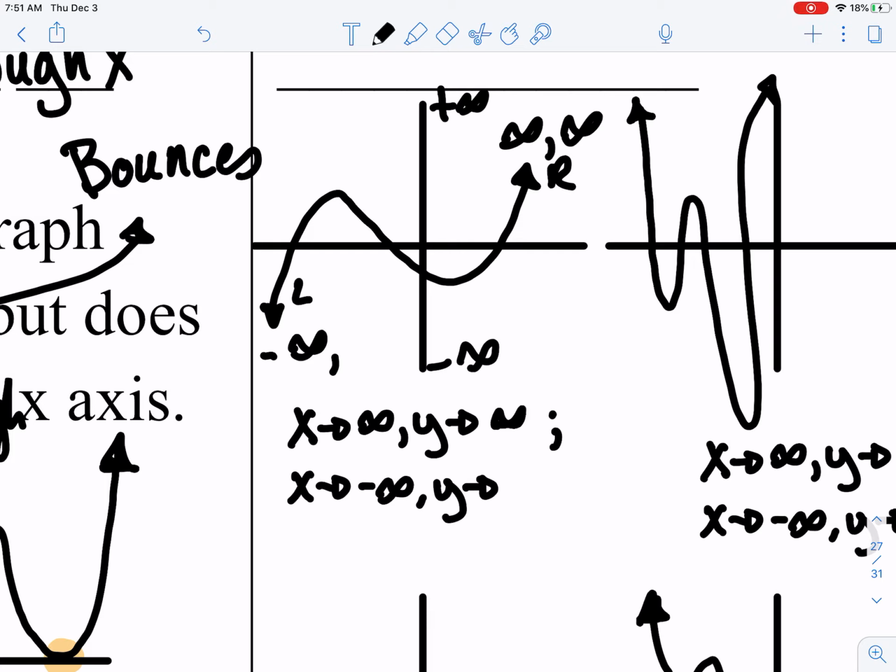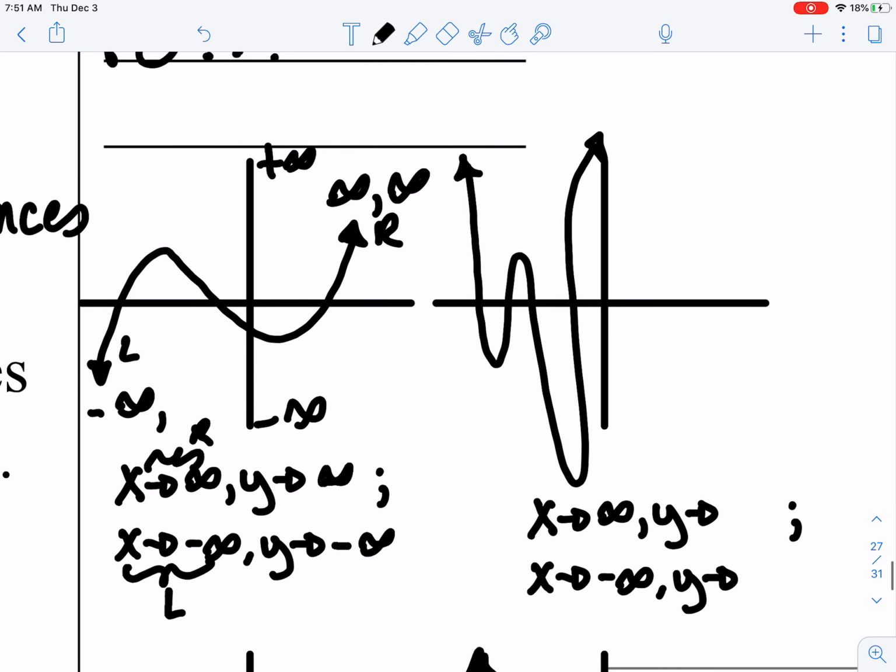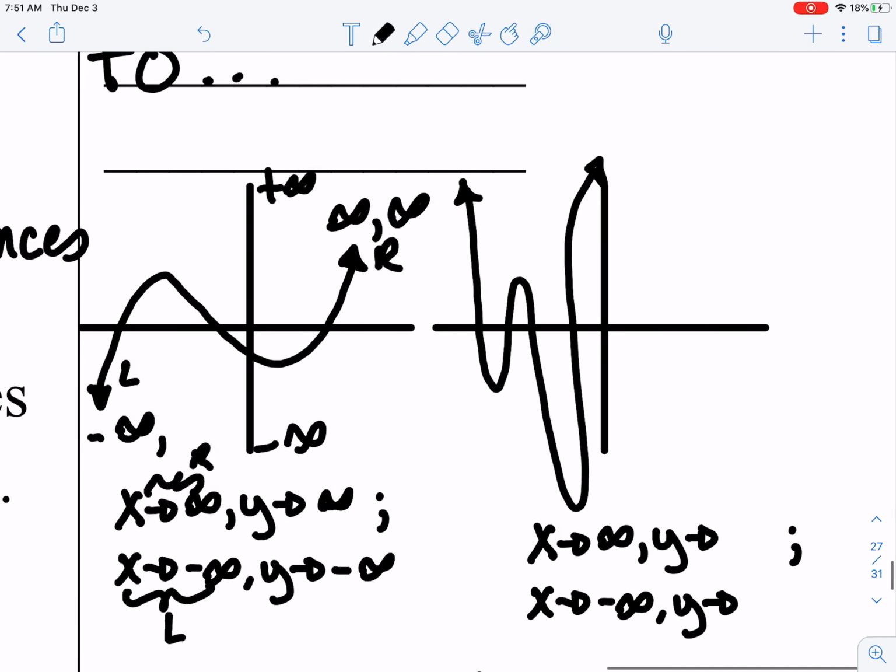As x goes to negative infinity, so my left, the arrow is pointing down to negative infinity. All right, over here on the right, if you want to pause your video, you can. Again, left, right, negative infinity is left, positive infinity is right. This is talking about x values.